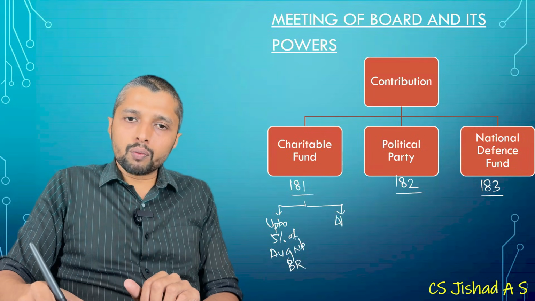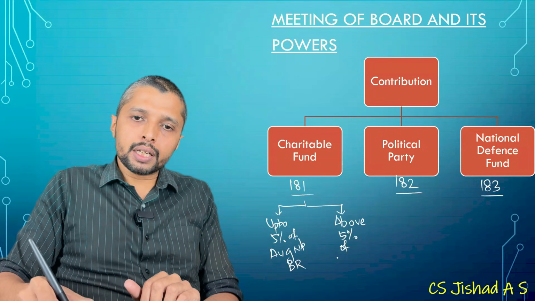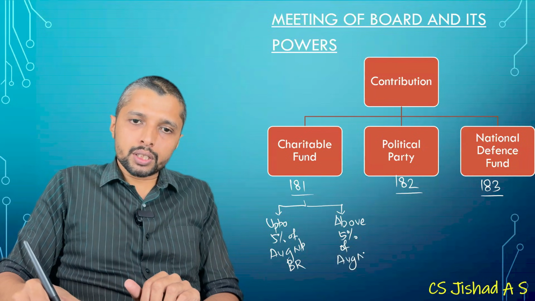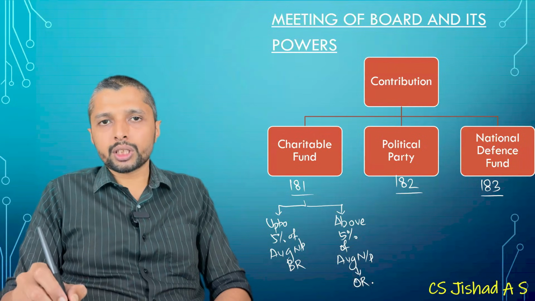Then above 5% of average net profit, you will be requiring ordinary resolution.